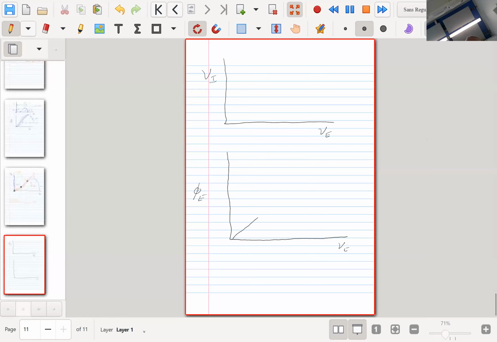Again, we put the 45-degree line. And what we do is we plot phi E as a function of nu E when nu I equals 0. And what we get is a curve that goes like this. So this is the nu I equals 0 curve.